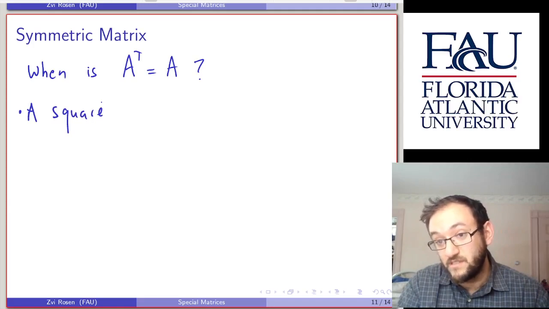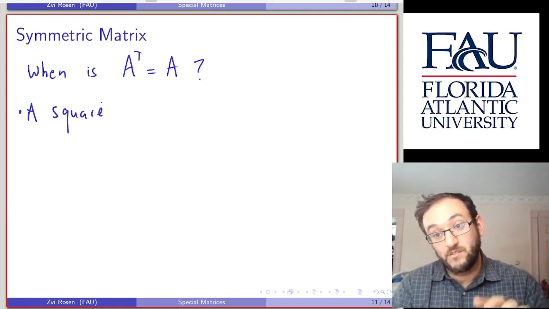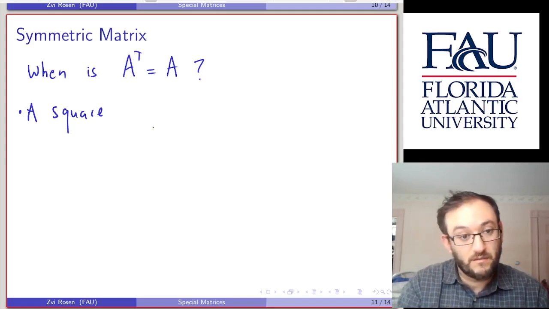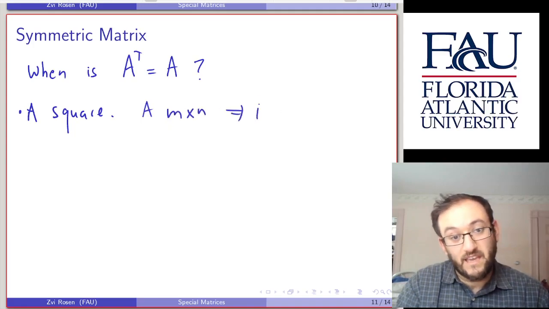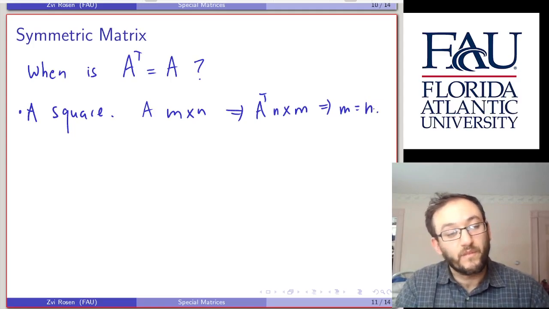If A is m by n, A transpose is n by m. So you switch the order of the dimensions. So that means that m must be equal to n, if these two are equal.